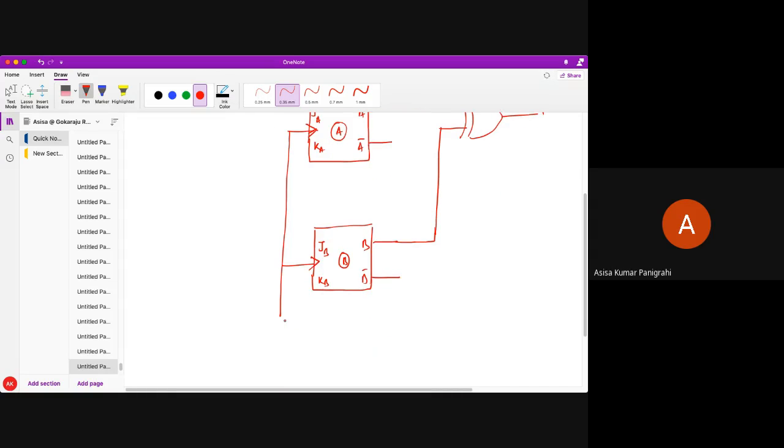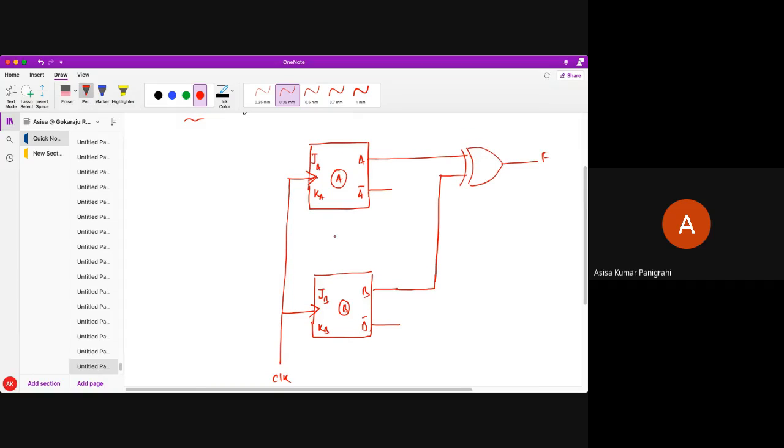So this is my clock pulse. Next, there will be input X. It has X bar.